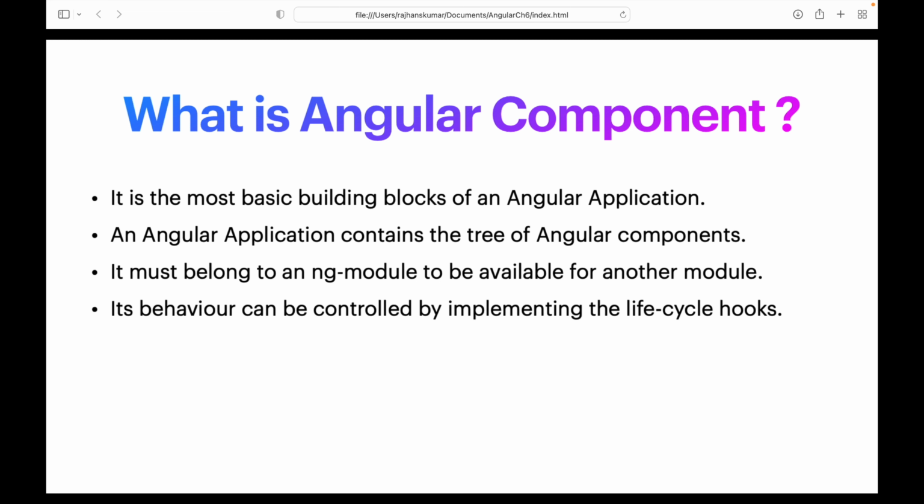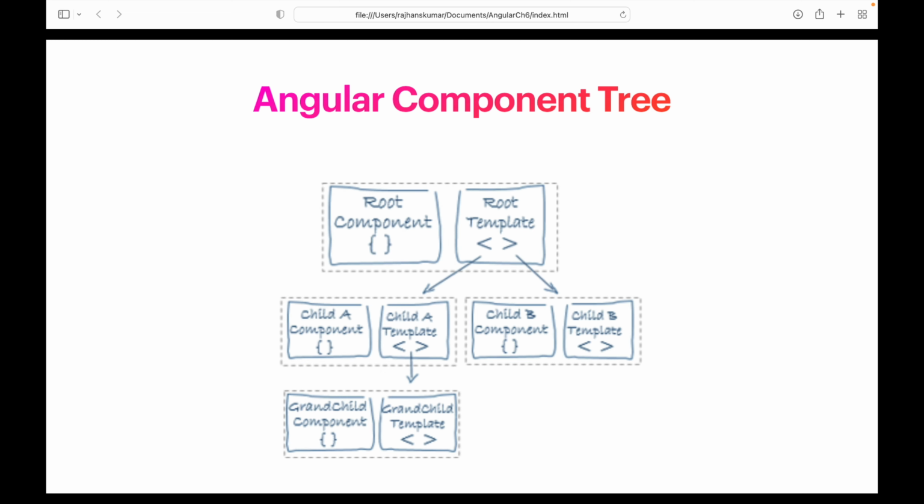single page application. An Angular application contains a tree of Angular components, like an Angular component tree. At the top there is a root component, which also has a root template. The component is the JavaScript code, and the template is the HTML file where you can write the HTML content.